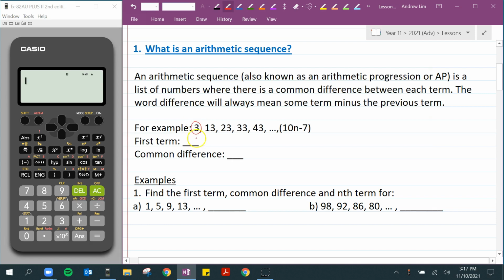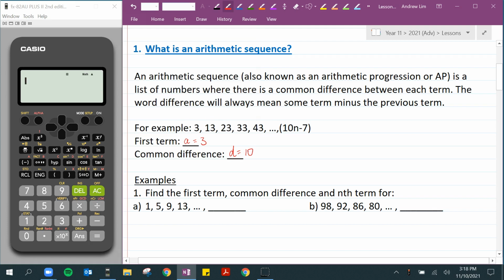Whenever we're talking about sequences or series, we always use the letter A to represent the first term: first letter of the alphabet, first term in the sequence. A is equal to 3. The common difference here, which we denote using the letter D, is 10.